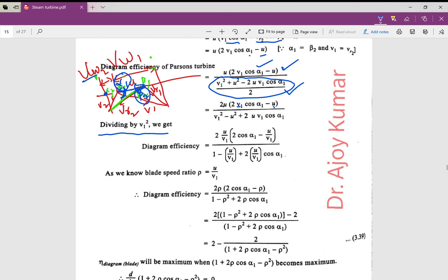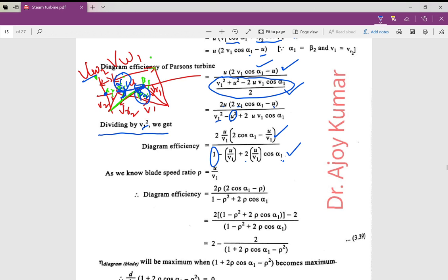We have u upon v1, and v1 square by v1 square again. So it comes 1 plus u square divided by v1 square plus 2 u v1 cos alpha 1.